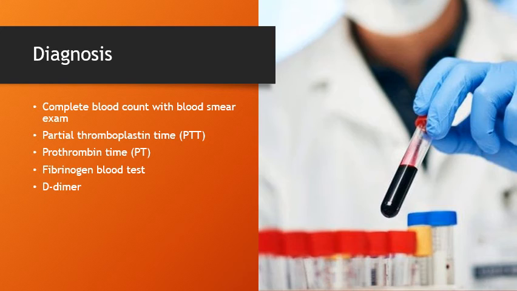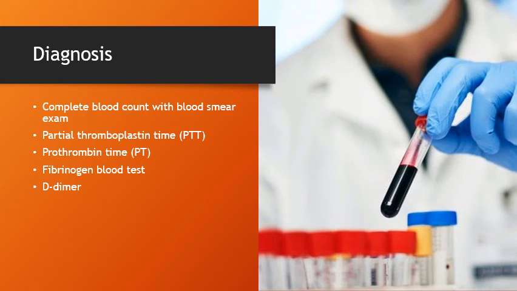Diagnosis of DIC is done mainly with blood tests, such as the complete blood count with blood smear exam, which measures blood count, including platelets. Results can show increased or decreased amounts of platelets to signify DIC. Partial thromboplastin time, or PTT, is a blood test that times how long it takes for your blood to clot.